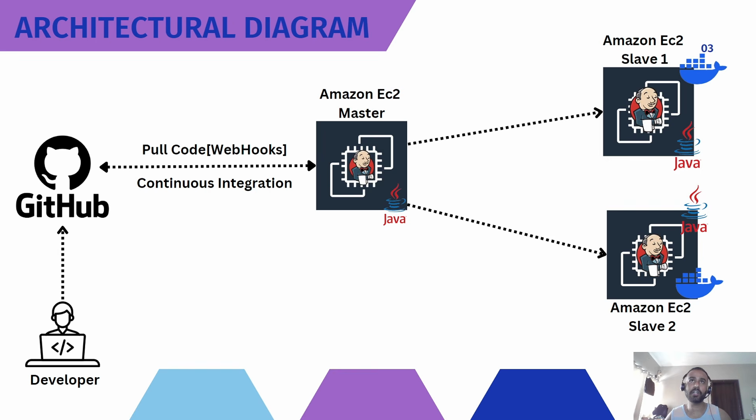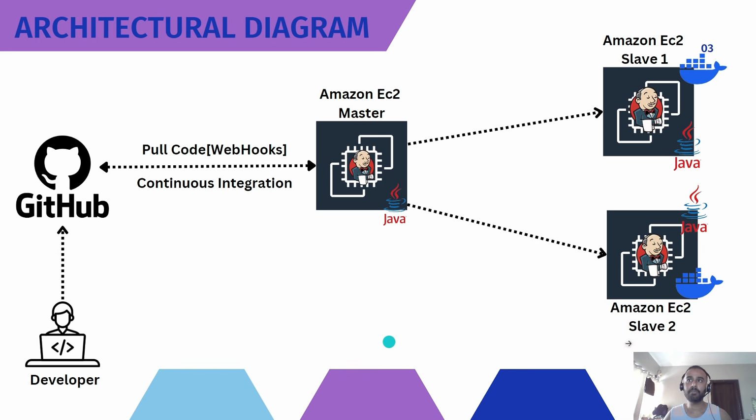Because as you know, while configuring the Jenkins job, we have an option of selecting the slave on which we are going to run, or we can let Jenkins pick any. So this is the implementation of the CI/CD end to end and the architectural diagram.